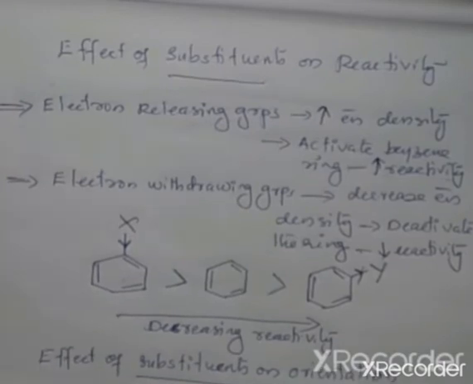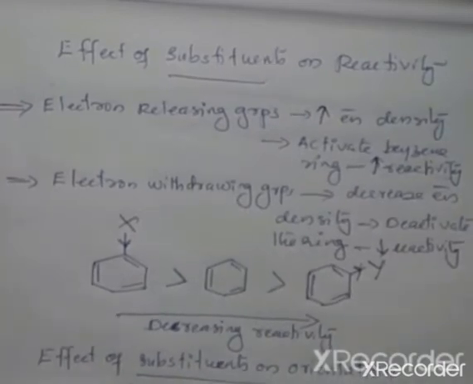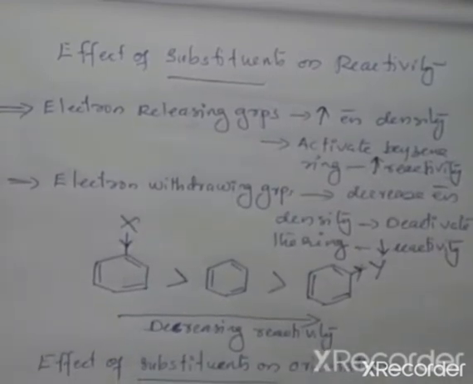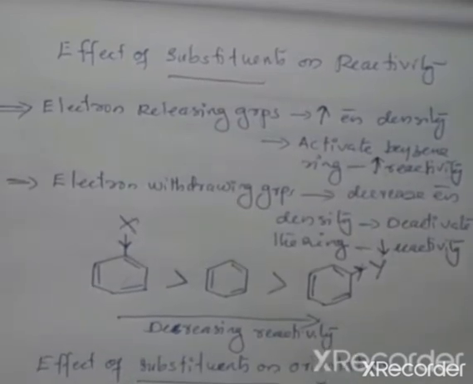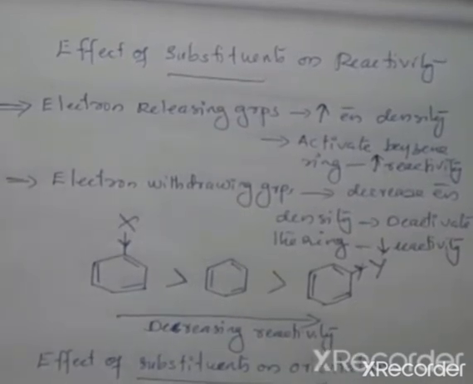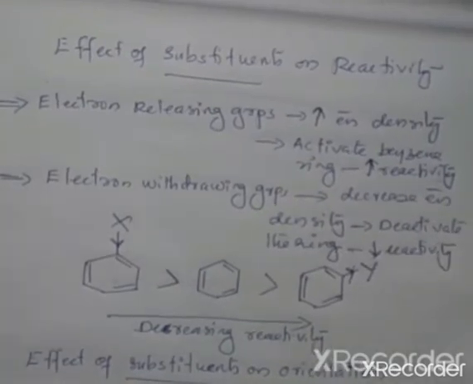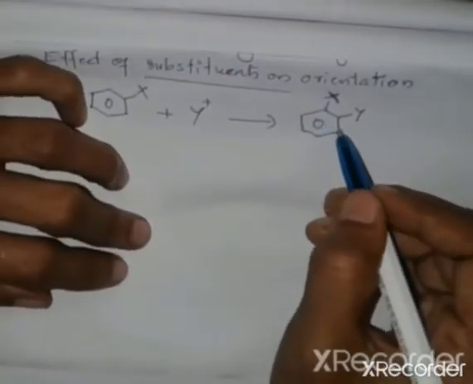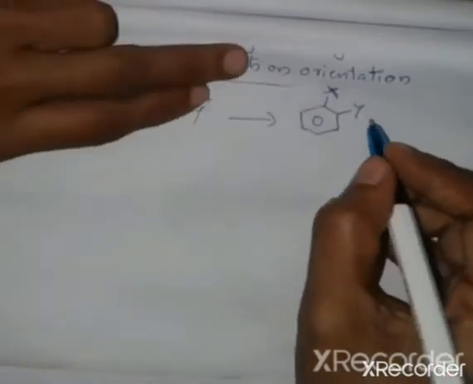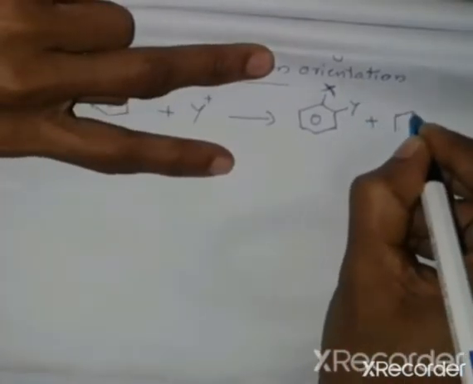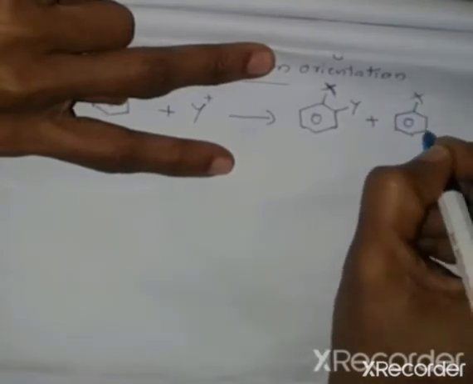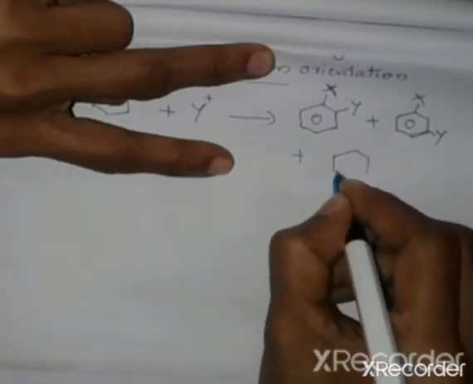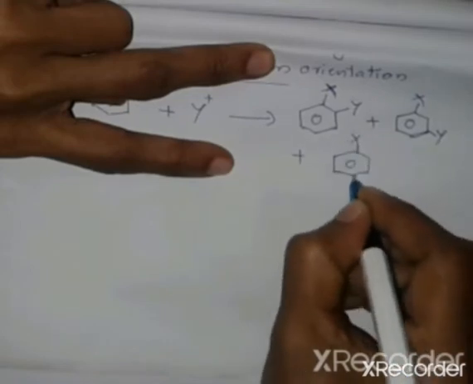Suppose a monosubstituted benzene reacts with another electrophile, and we can get a disubstituted benzene X, Y, in which X and Y are ortho to each other, or another compound in which X and Y are meta to each other, plus another compound in which X and Y are para to each other.